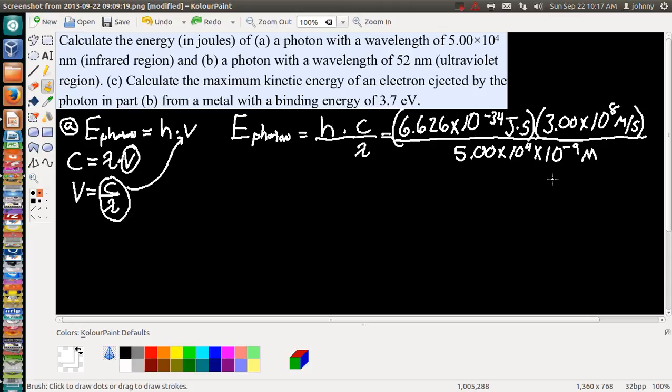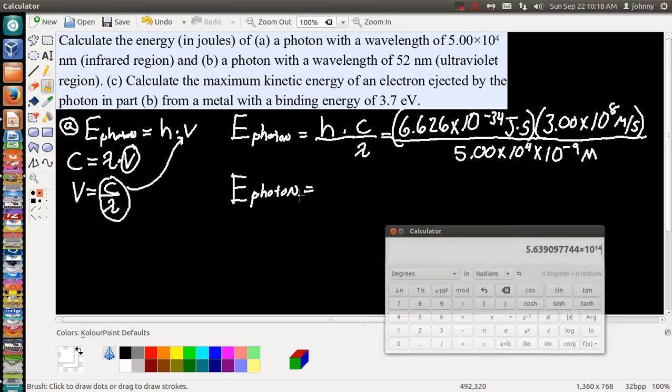It's only being used as a computational number, meaning it's not a final answer. So it would be fine to express it that way. Alright, let's go ahead and punch this into our calculator. So the energy of this photon is going to equal, let's punch it into a calculator.